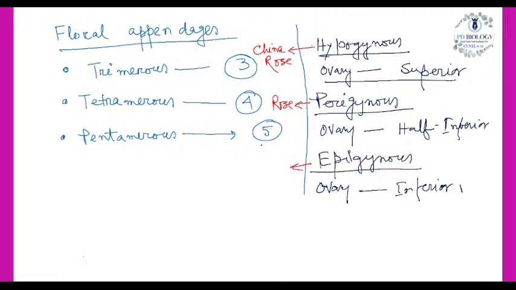Epigynous, that is sunflower, the ray floret of sunflower, the cucumber, the guava. These are epigynous. So a very important part, we have to remember this one. Look here: ovary superior, ovary half inferior, ovary inferior. Very important, keep it in mind.